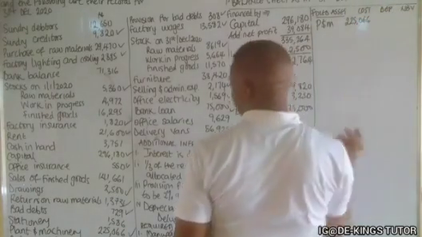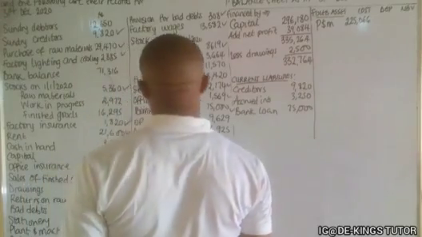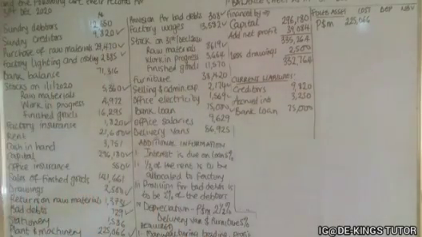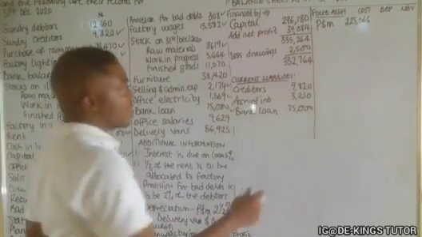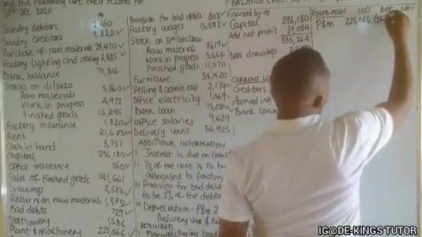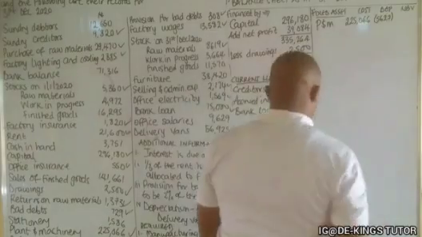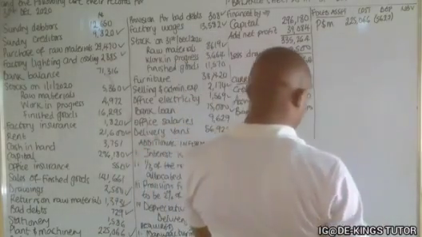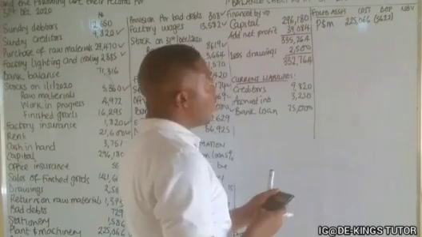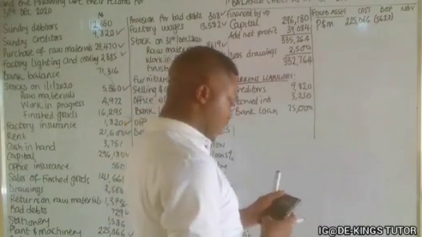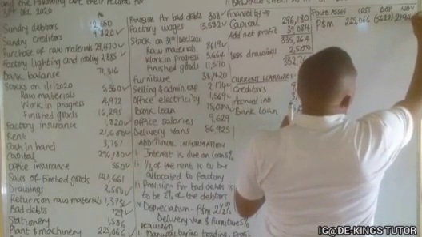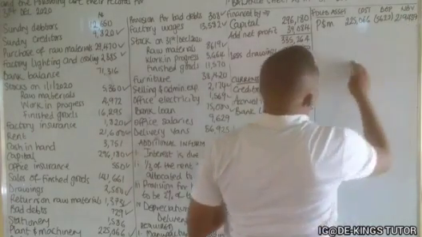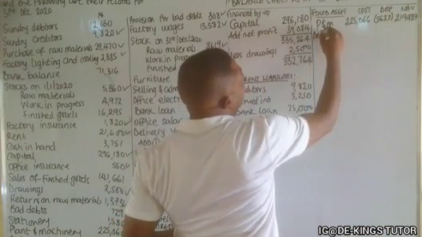Now the depreciation, we calculated depreciation on it. So the depreciation is 5,627 at 2.5%. So cost minus depreciation, minus 5,627, will give us net book value as 219,439.